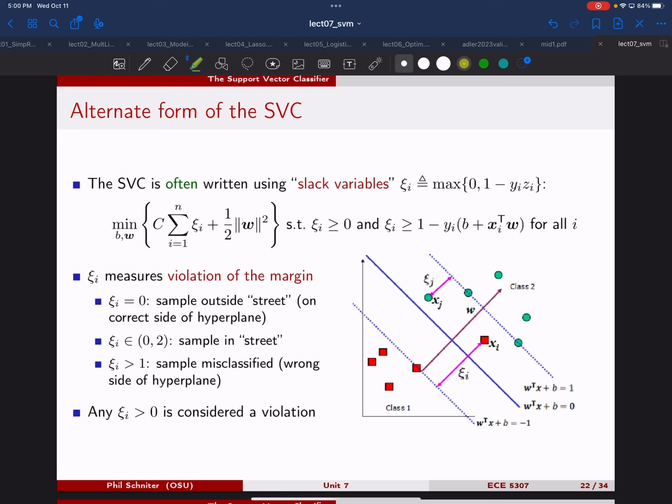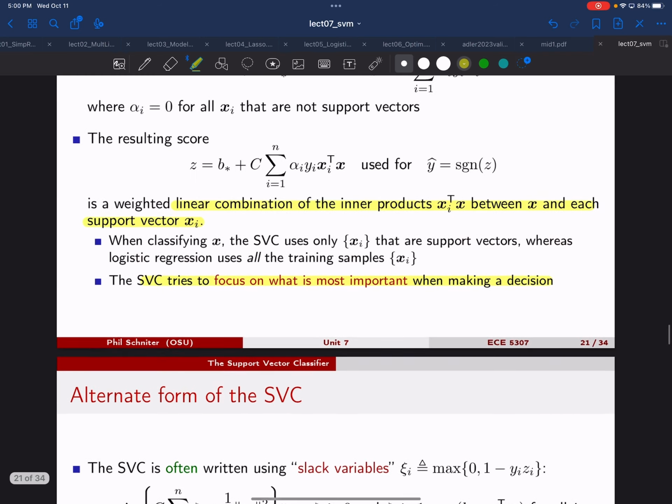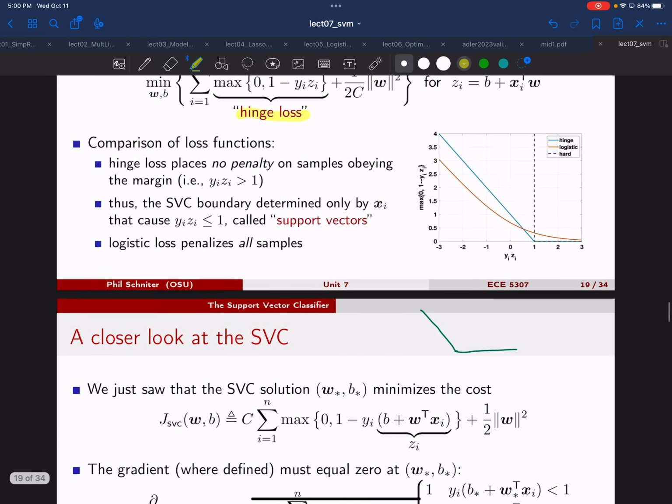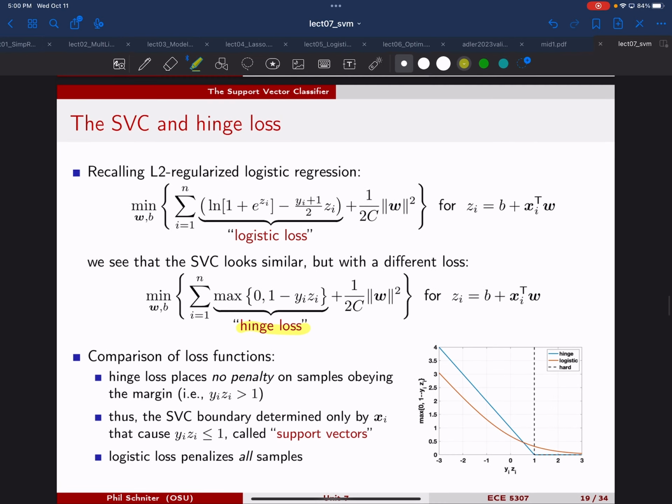Okay, so if you go to the Wikipedia page for the support vector classifier, you'll see things written in a slightly different way that might look a little unfamiliar, and I just want to show you that it's actually very similar, just a slight deviation in how things are expressed. So what they do on the Wikipedia page and many other sources is, this is what we've been focusing on.